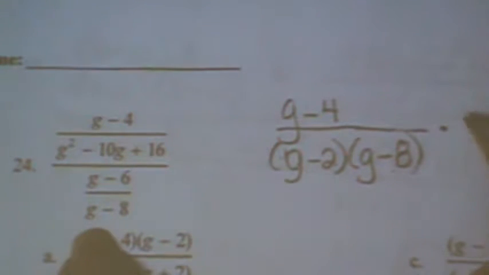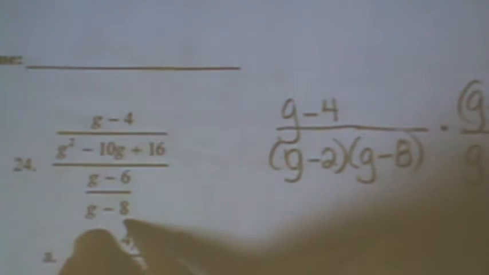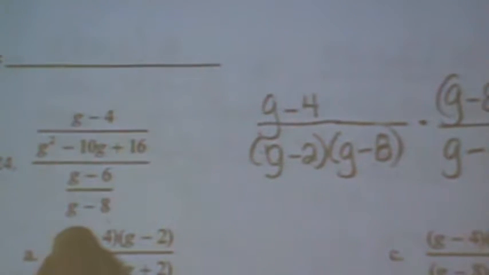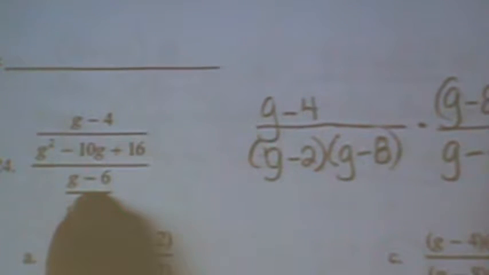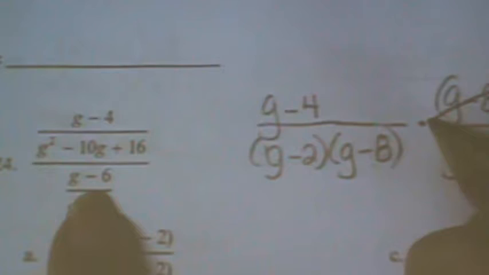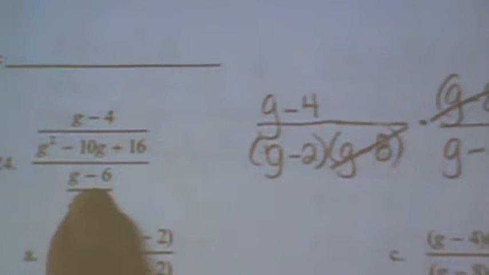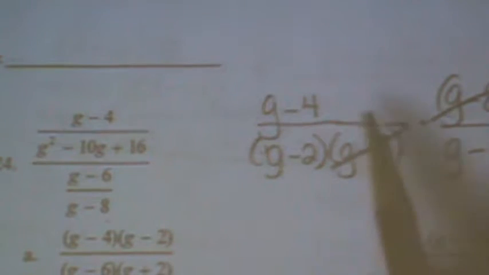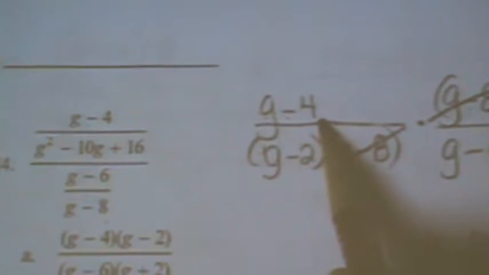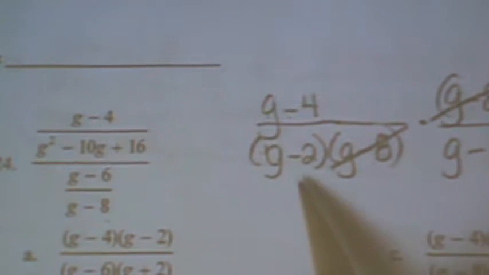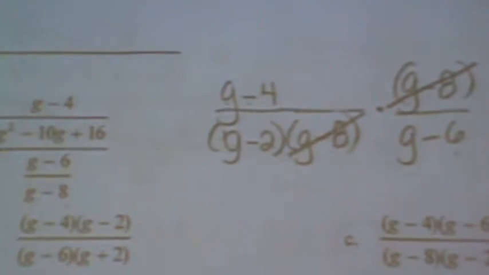And now we're going to flip this. So this becomes your numerator, and this becomes your denominator. So what cancels are these two. And you're left with g minus 4 over g minus 2.